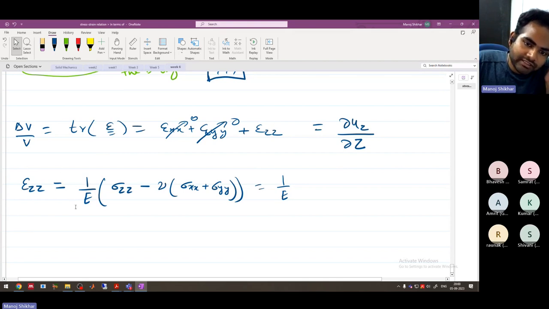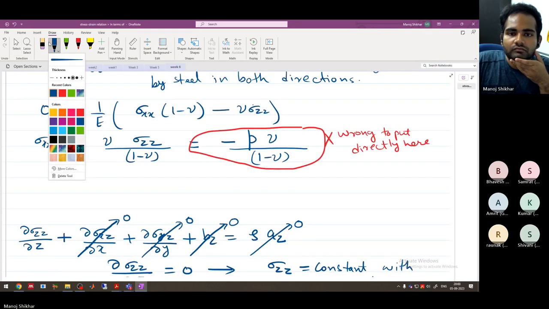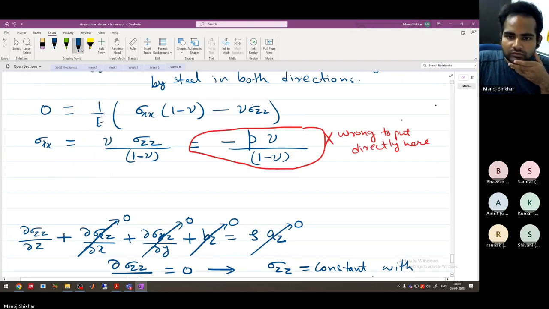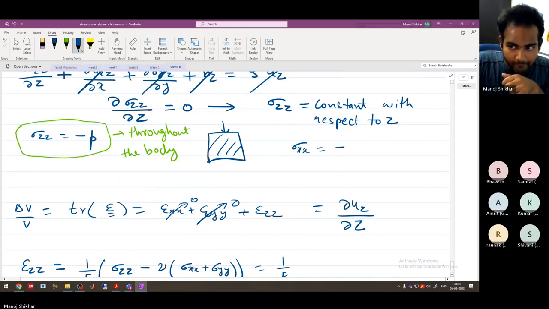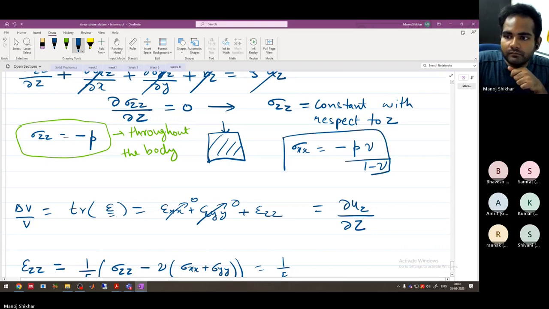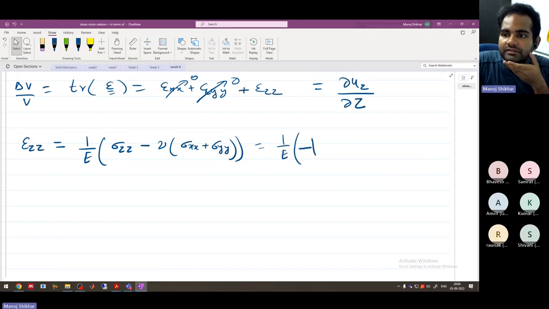And we know that epsilon zz is 1 by E times sigma zz minus mu times sigma xx plus sigma yy. Okay. So of course, now we can write sigma xx here. Okay. So let's replace everything. So let's replace sigma zz by minus p.